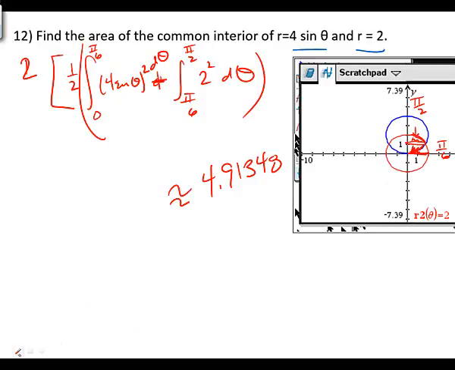Let me try drawing the picture again. What the blue one gets you is this little piece, that sliver right there. Does that make sense? And then the next one starts from pi over 6 to here, so it would get you that sliver. Does that make sense, Andy? Yeah. It's hard to see with the polar. All right, what else do you want to do?